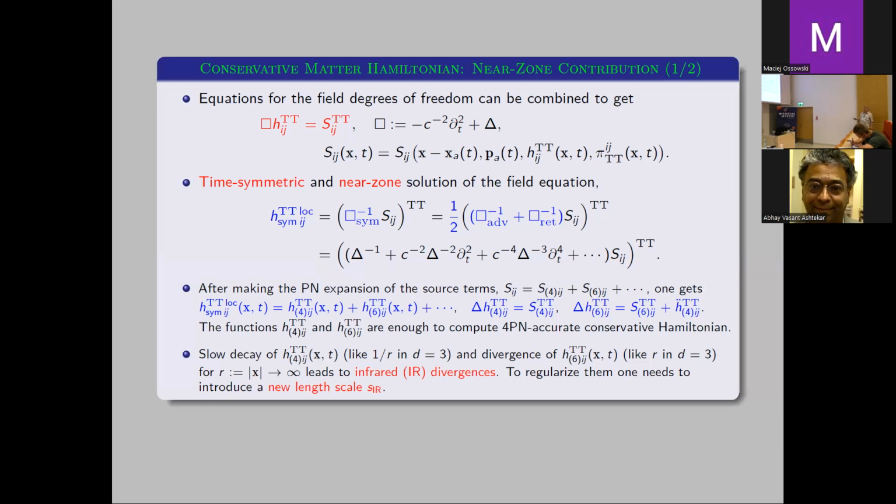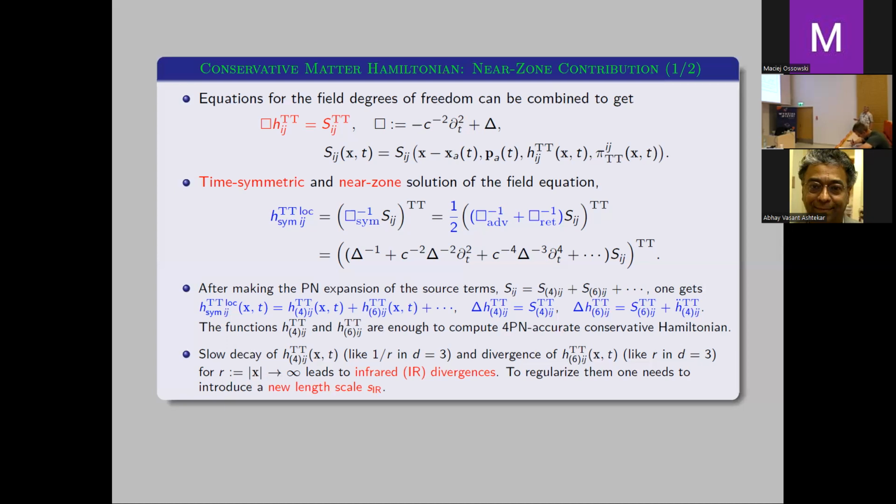Okay, if we do this, then we should also post-Newtonian expand the source term. And then we can obtain h^TT as a post-Newtonian series as well. And up to and including 4PN level, it is enough to take the leading order solution, which I have shown you already some slides before, and the next one, which is C^-2.